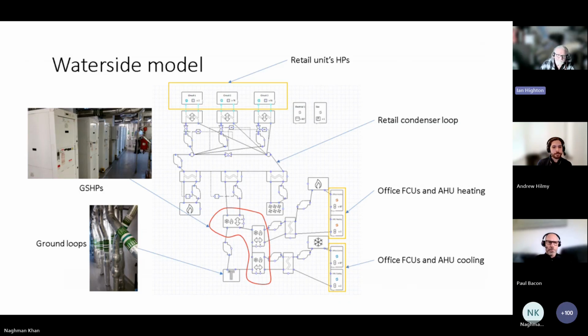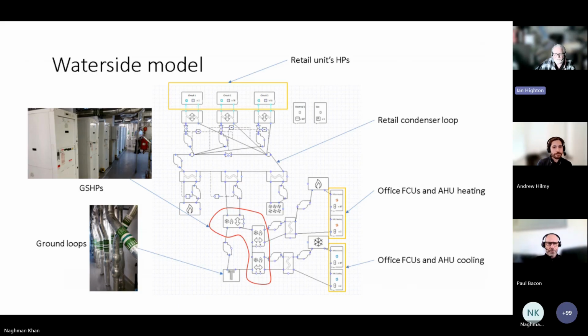Yeah, so this nice picture here is the basement with all the ground source heat pumps. I think there are 13 in total, and this red loop that I've put around these 3 modelled heat pumps, those 3 items actually represent the 13 that are in there.